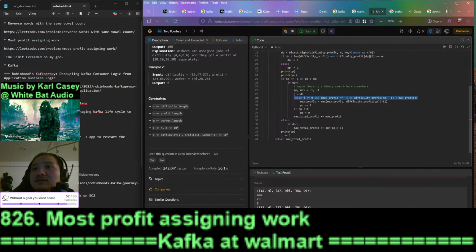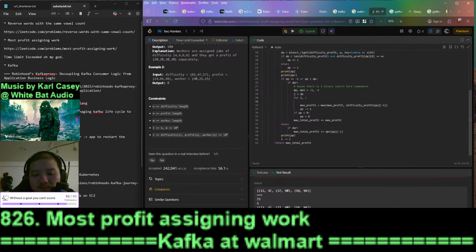Okay, so basically we can actually loop, right? For I, so if max profit equal -1, right?